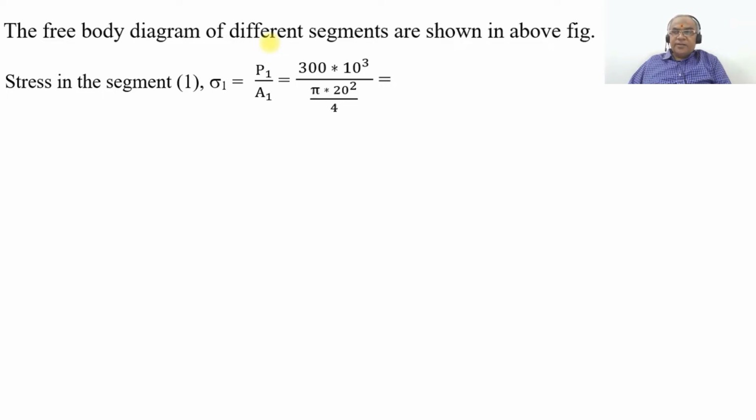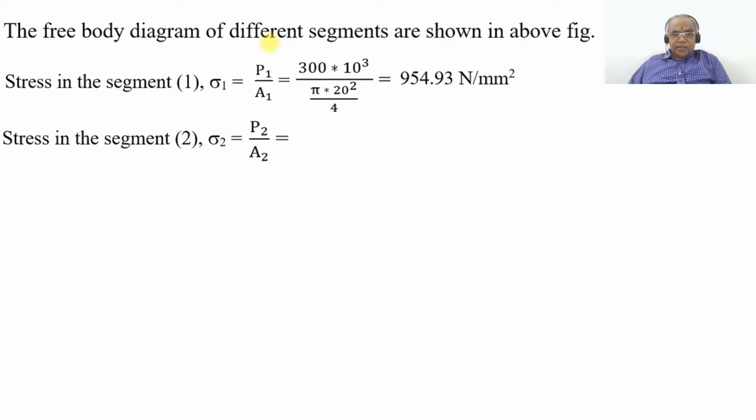The diameter is 20, so pi into 20 squared divided by 4. On simplification, you get the value as 954.93 Newton per mm square. Similarly, the stress in segment 2, sigma 2, will be equal to P2 by A2, which is equal to 100 kilonewton by the area of cross section.